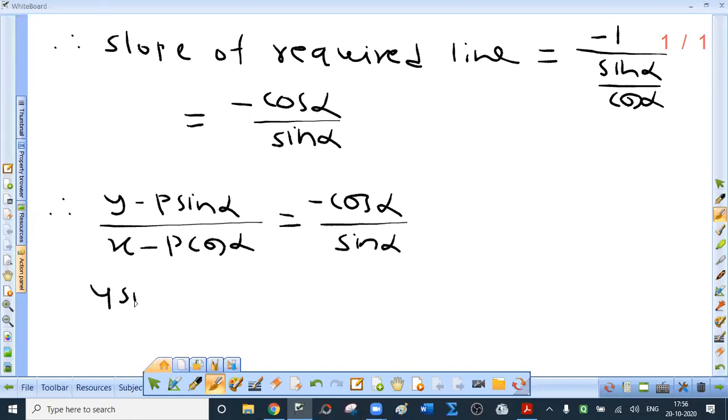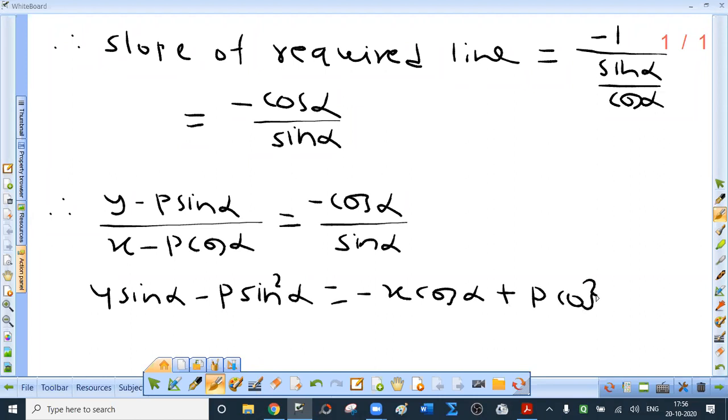So that gives me y sin alpha minus p sin square alpha equal to minus x cos alpha plus p cos square alpha. Rearrange the terms. So x cos alpha plus y sin alpha. Tell me what will be right hand side.